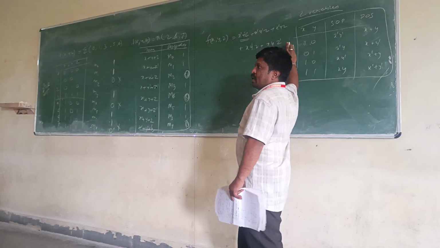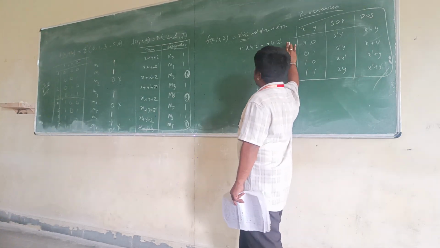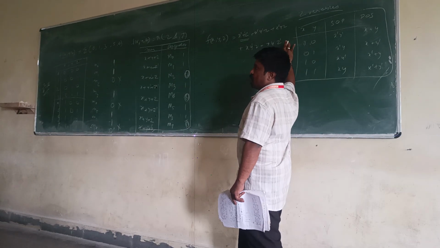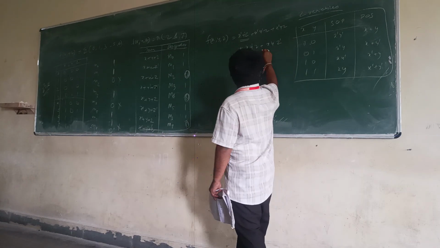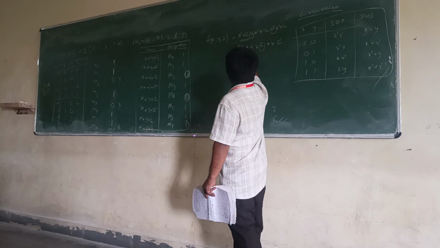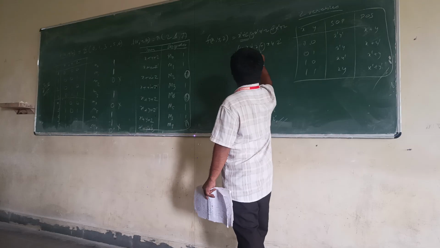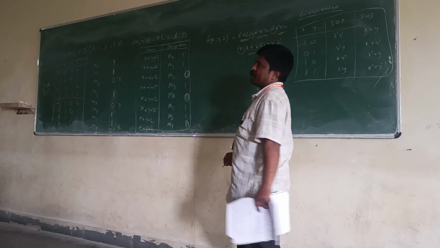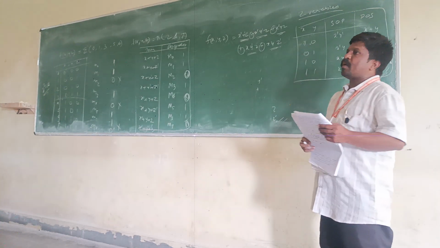If asked to convert the given boolean function into SOP form, this is the sum of products. Sum is there everywhere. These are the product forms, and that's why it is named sum of product form.